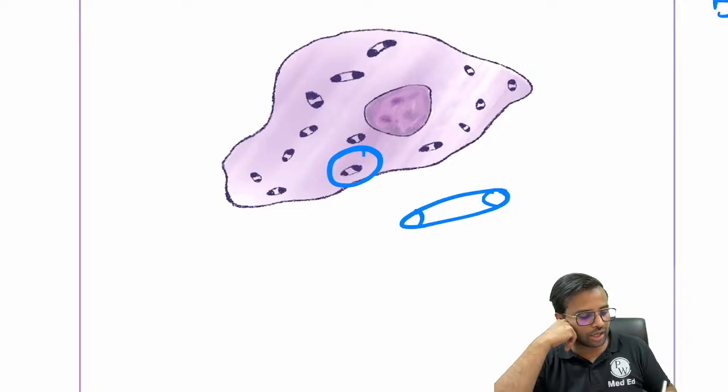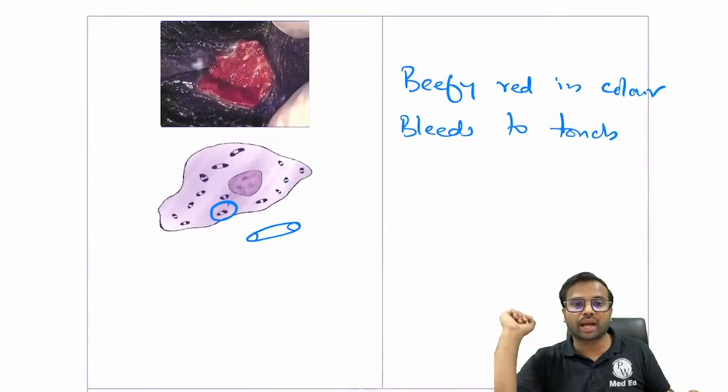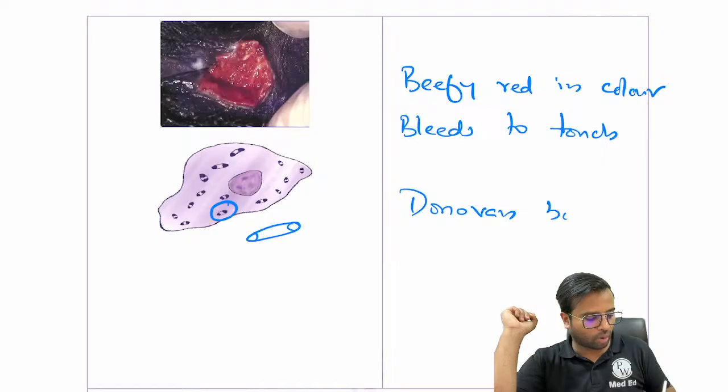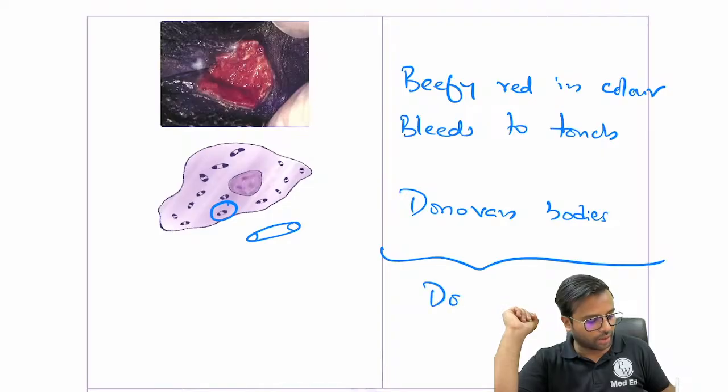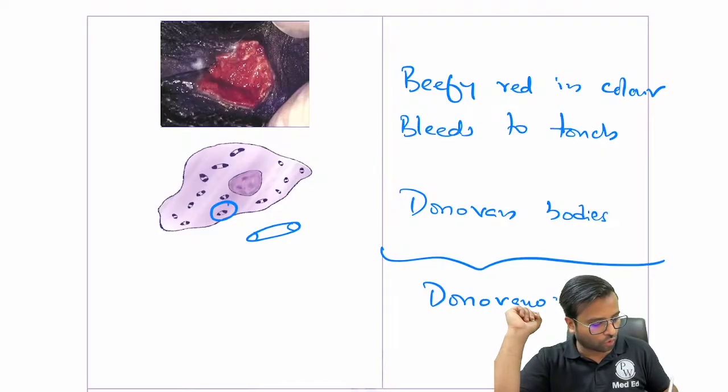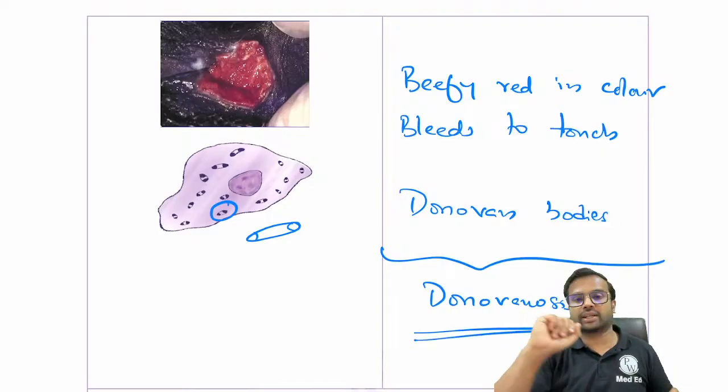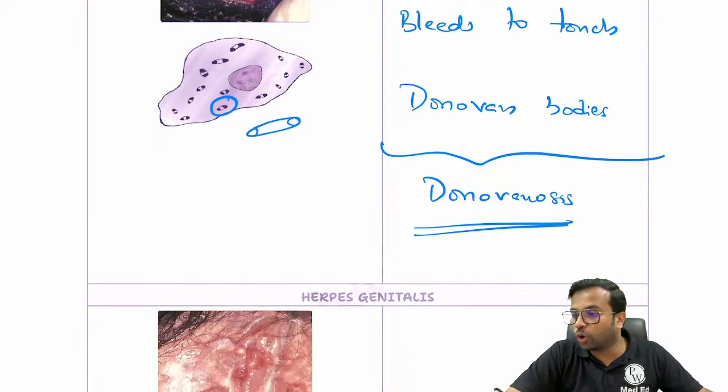So what is this? A closed safety pin appearance. And that is called as Donovan bodies. So now all of you know what's the correct answer. The correct answer here should be donovanosis.